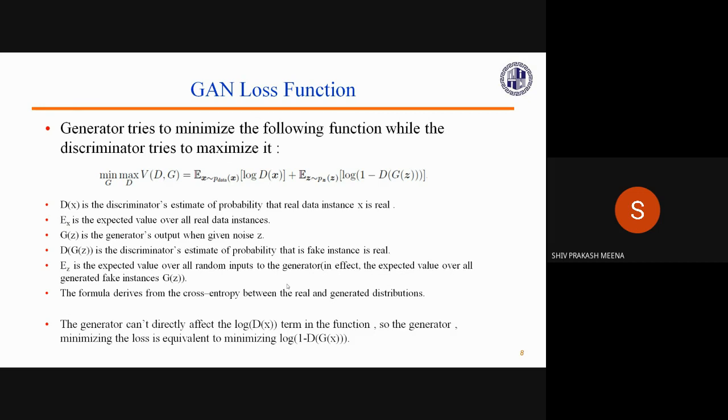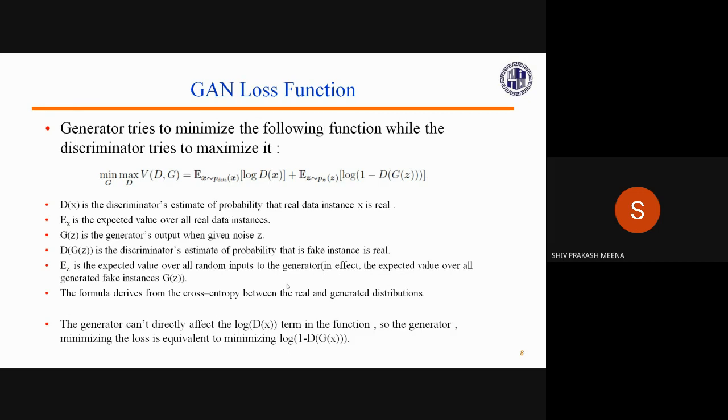If you know the binary cross entropy function, it looks like y log of y plus 1 minus y log of 1 minus y. So it's pretty much the same, and this is my expected value. The generator cannot directly affect log of D of x, because that is real data.